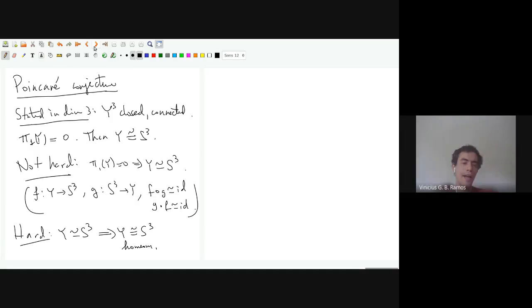Okay, and then he tried to conjecture the same thing in higher dimensions, I think, and then he realized that already it was possible to find simply connected manifolds that were not homotopy equivalent to spheres in higher dimensions.